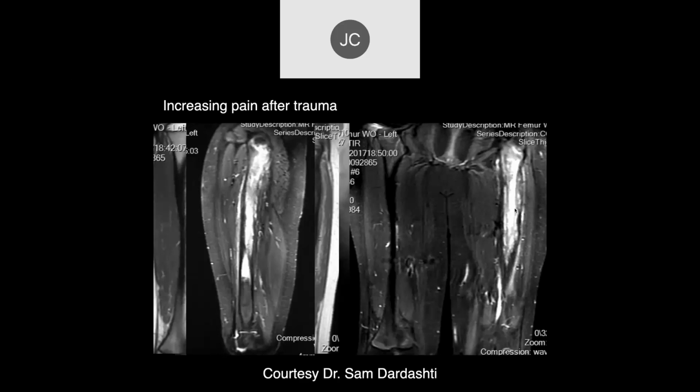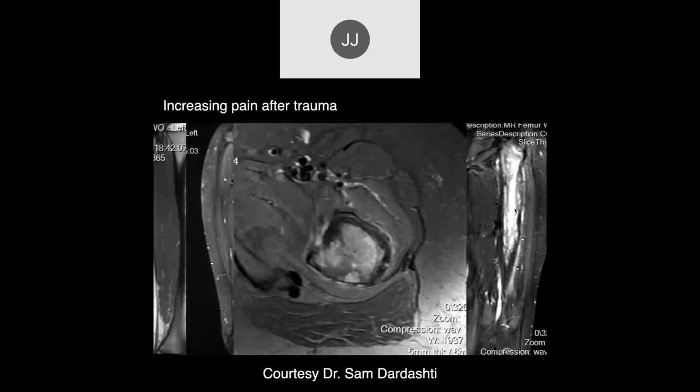Okay, increasing pain after trauma. Closed or open trauma? So what's your differential? Some sort of infection. Yeah, it's very diffuse here. Trauma is usually more localized when you have a bone, depending on the nature of the trauma.